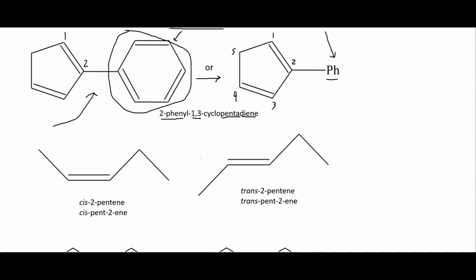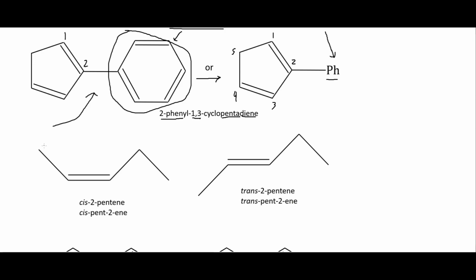All right, then we can also start getting into these cis and trans isomers. So this is a pentene here, and what we mean with cis and trans is just the way that the major or priority groups come off of the double bond. So cis means that they both go in the same direction.